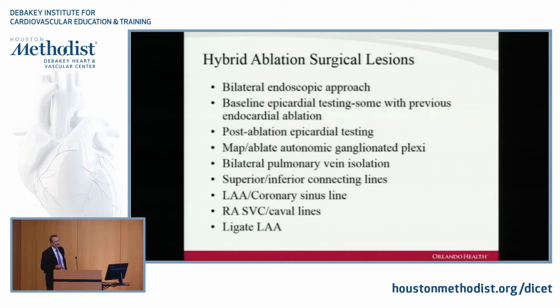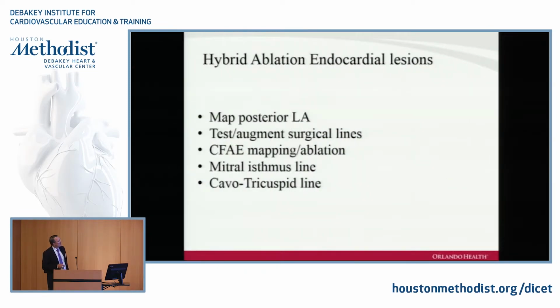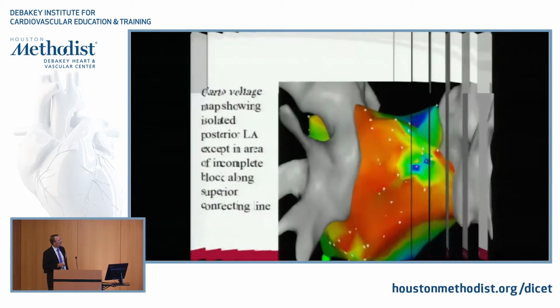And if you believe in the ganglionated plexi and anatomic denervation, that's also possible with this technique. Then our EP colleagues come in, map the posterior left atrium, test and augment any lines that we have, perform CAFE mapping if they think that's important, and then proceed to the AV valve lines on the left and right side to complete the lesion set.